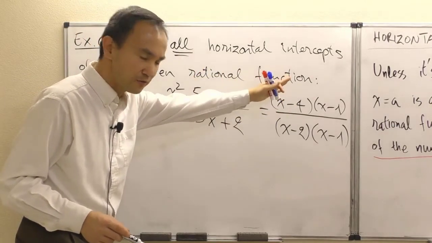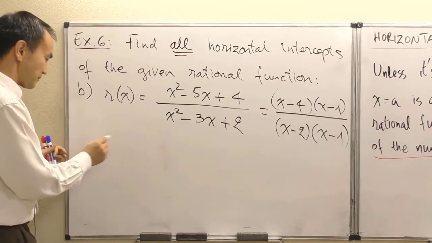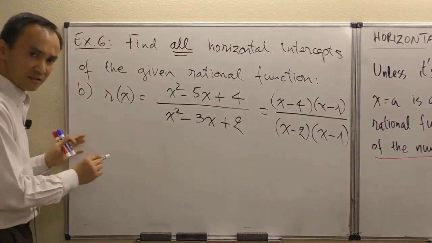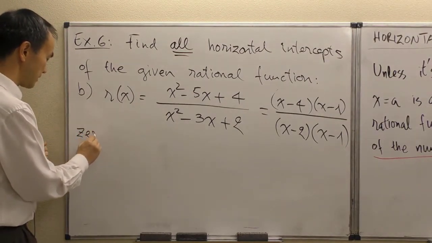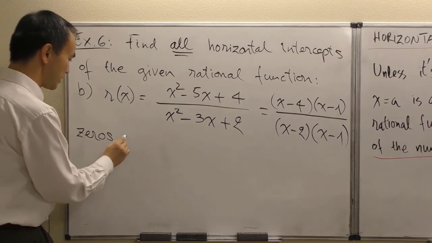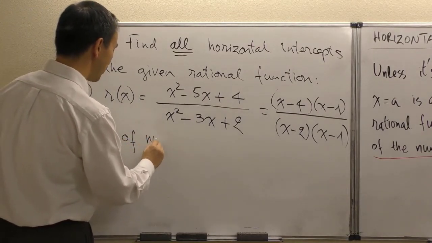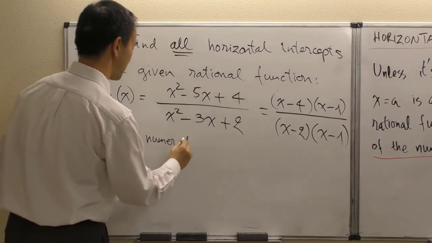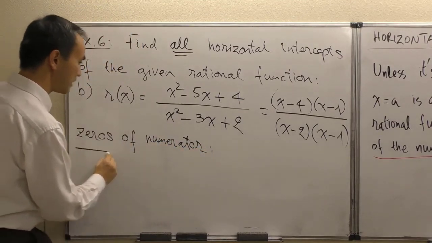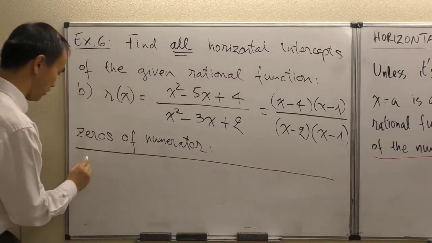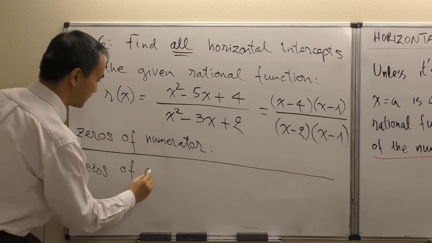Once I have successfully put my rational function in factor form for both numerator and denominator, I'm going to make that comprehensive list again. I'm listing the zeros of the numerator, and then I'm going to create another line to list all zeros of the denominator.